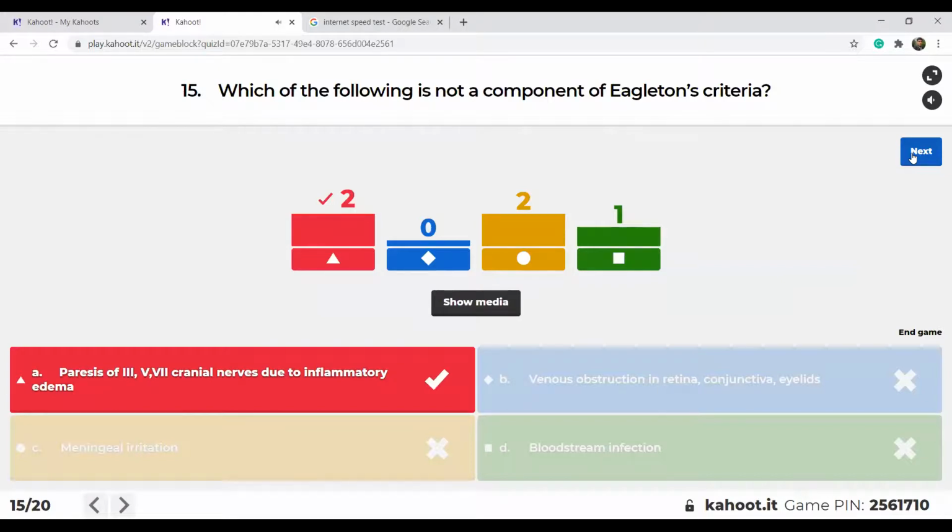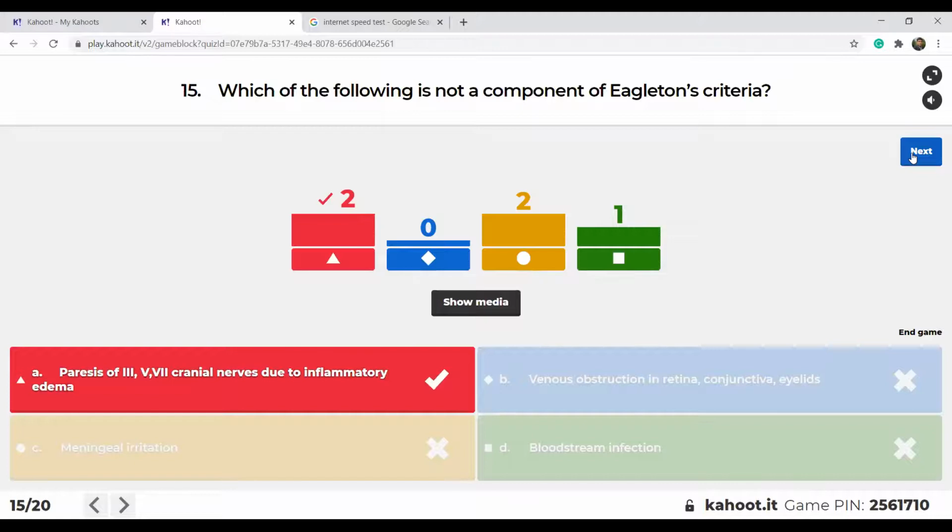The answer is A, because Eagleton's criteria consists of 6 features. This is to establish the diagnosis of cavernous sinus thrombosis. You need to have a known site of infection, infection of the bloodstream, early signs of venous obstruction, involvement of nerves. See, this is the tricky one, 3, 4, and 6. And then you have abscess in the adjoining soft tissues, and of course, signs of meningeal irritation.